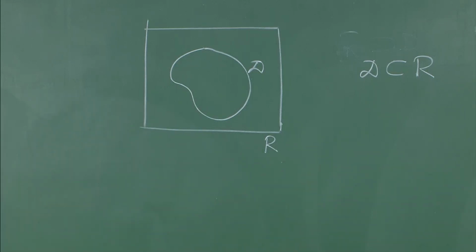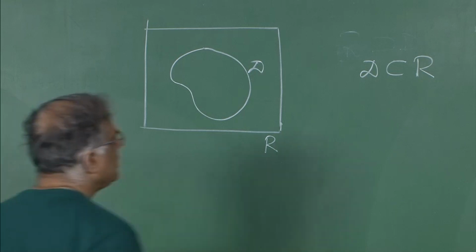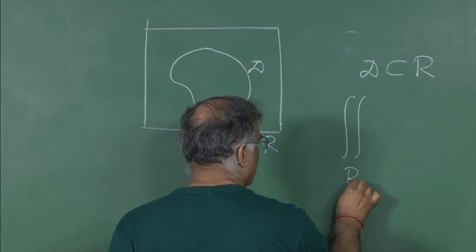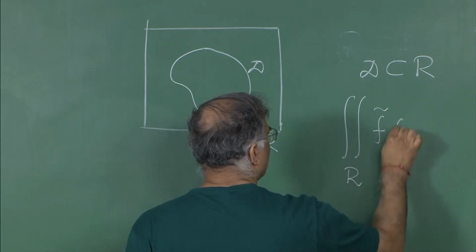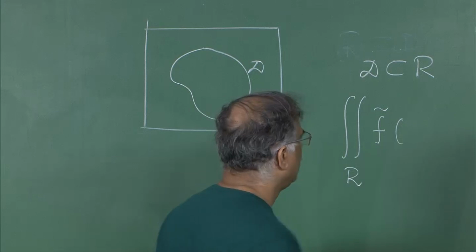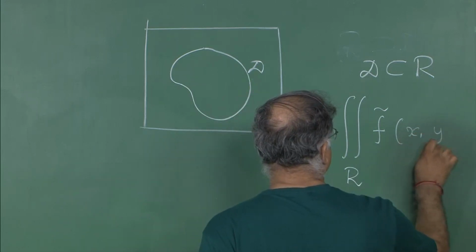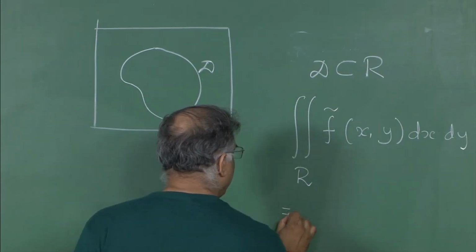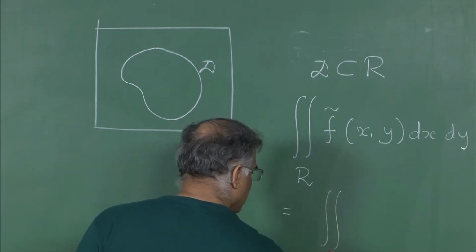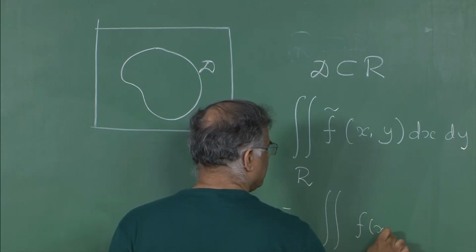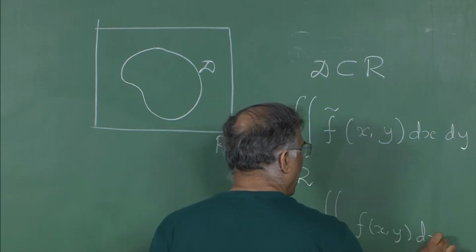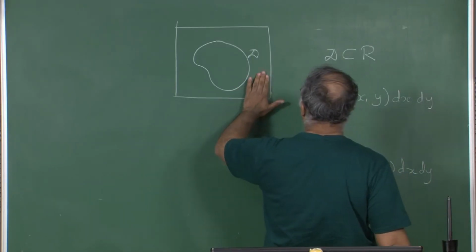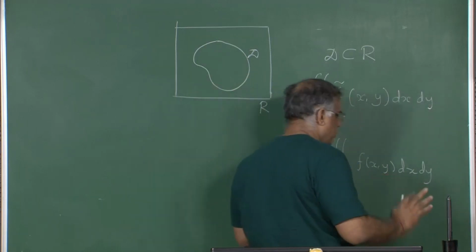So, D is contained in R. What we are going to harp on is this very simple idea that if I integrate this function f tilde over R which contains this D, this is exactly the same as integrating over D the function fxy, because at the end when I am integrating this f tilde, apart from points in D, the function value is 0.